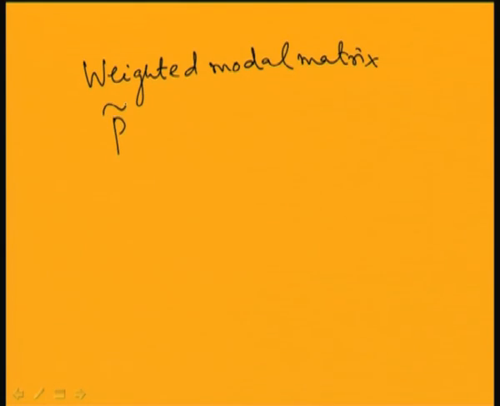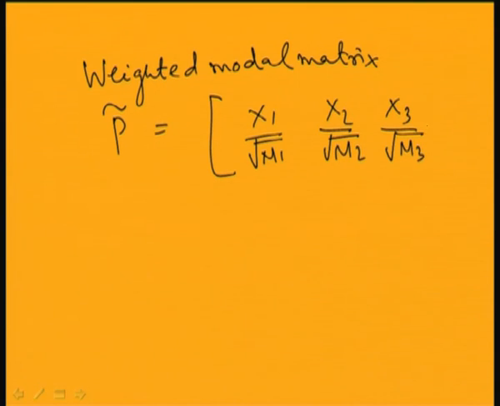So, the weighted modal matrix is written like this: x1, x2, x3, that is, x1 by root over M1, x2 by root over M2 and x3 by root over M3. So, by dividing by the square root of the ith generalized mass in the ith column, one can obtain this weighted modal matrix.